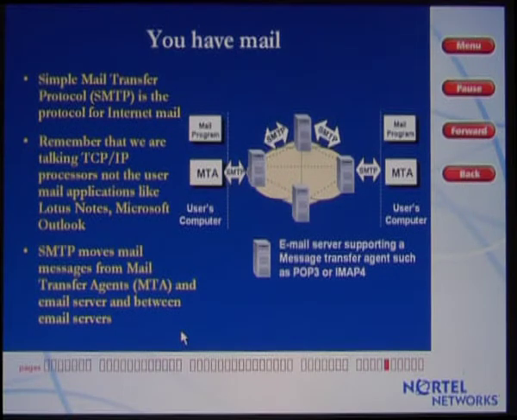The addressee then uses their mail application to read the message. The communication between the mail application and the MTA does not have to be TCP/IP, but the communication between MTAs does. The mail transfer agents run the message handling protocol called POP3, Post Office Protocol 3, or IMAP4, Internet Mail Access Protocol version 4.